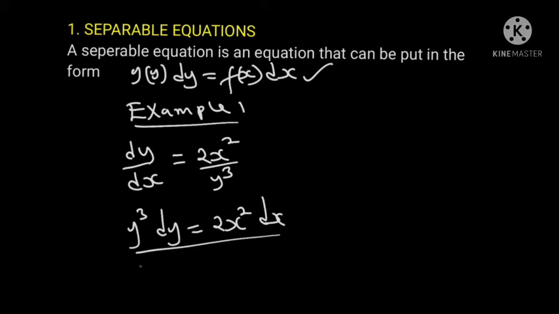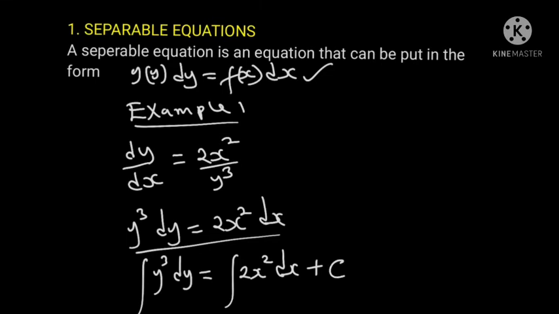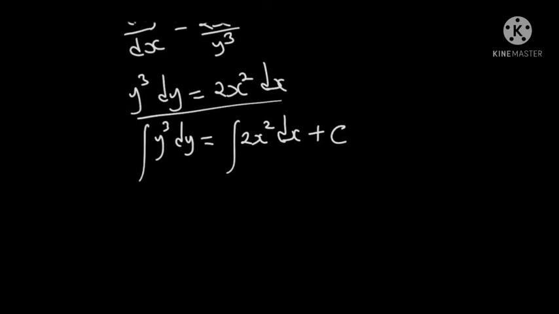Now, we need to integrate both sides. So we have the integral of y cubed dy equals the integral of 2x squared dx, plus, of course, the constant of integration. Remember from techniques of integration, when we integrate y to the n, we simply add 1 to n, then divide by n plus 1.